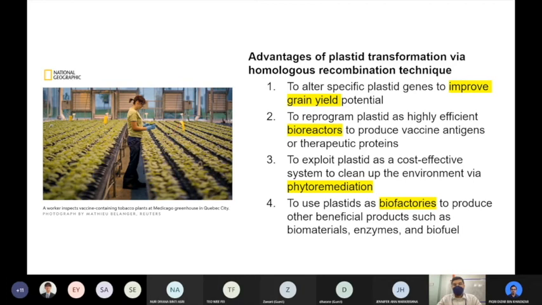And on vaccines, if I'm not mistaken, this has been done recently, with plant-derived COVID-19 antigens using chloroplast transformation. We can also exploit plastids to produce plants that might be able to clean up toxic contaminants from the environment, also known as phytoremediation. And finally, we can use these transformants as biofactories to produce beneficial products such as biomaterials, enzymes, and so on.